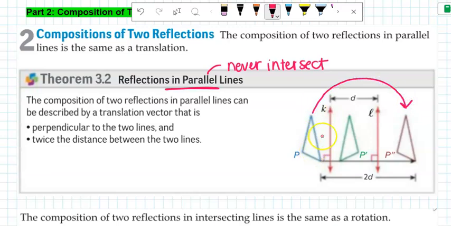So as you can see, this blue image was reflected over line K to create the green one, and then the green one was then reflected over line L to create this like maroonish one. Okay, so you can see that it was reflected twice. Okay, the biggest thing is that if we look from the very beginning, this blue one, all the way to the maroon one, it's as if we slid the figure across the lines.